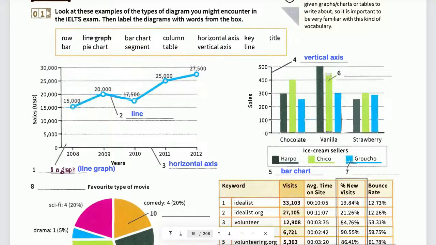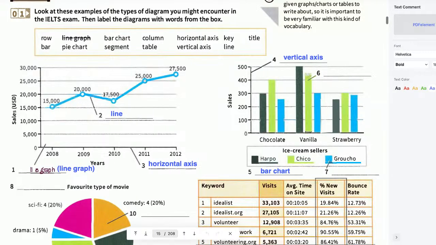So how can we call this green column? Bar.